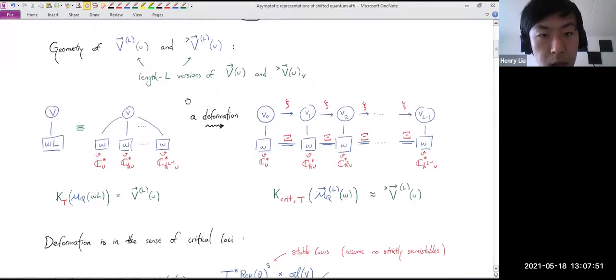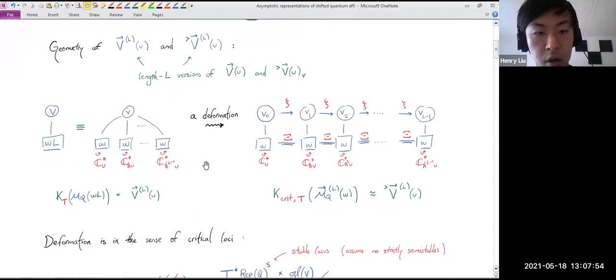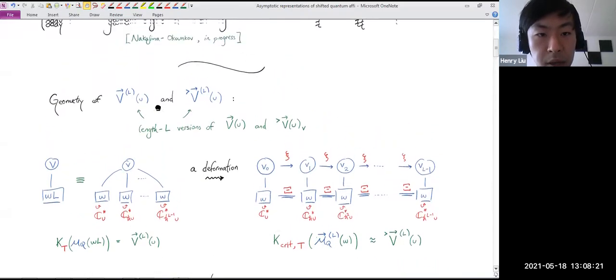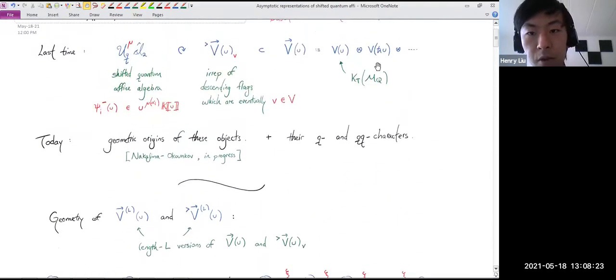Okay. So to get started on the geometric picture, maybe it's easier to think first in the finite length version. So instead of thinking about infinite flags, we'll first start thinking about length L flags, or just more generally length L tensor products of certain representations V of U. So let V_L be the length L version of this object, which I've written here.